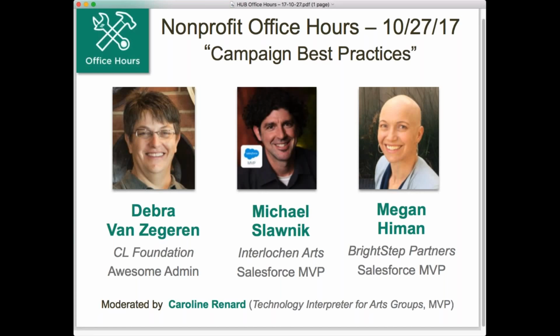Thank you, Michael, for the formula and also for that idea of campaigns as a temporary holding place. And thank you, Megan, for talking about the whole business of status. I like that idea that you had of using the status as a way to segment the campaign members. And it gets us into a whole interesting conversation about what status does.